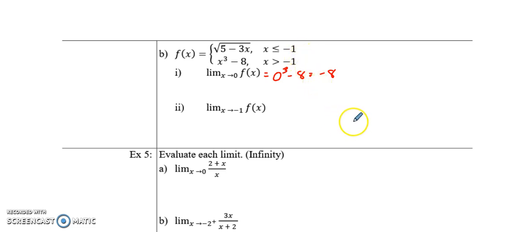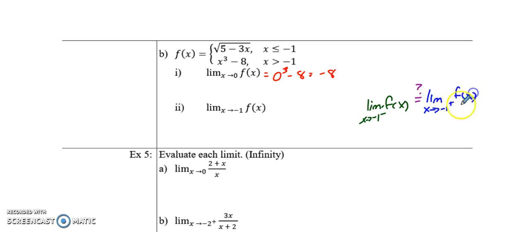What I mean by that is: does the limit as x approaches -1 from the left side of the function equal the limit as x approaches -1 from the right?